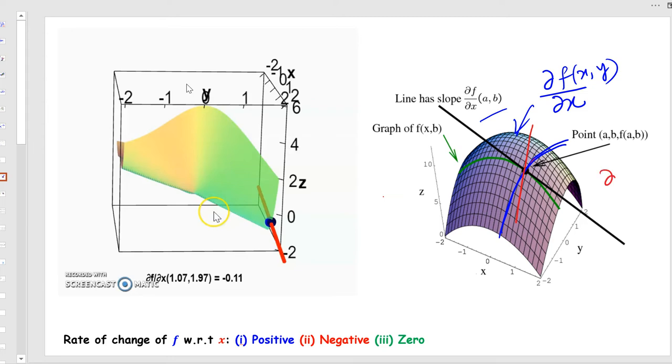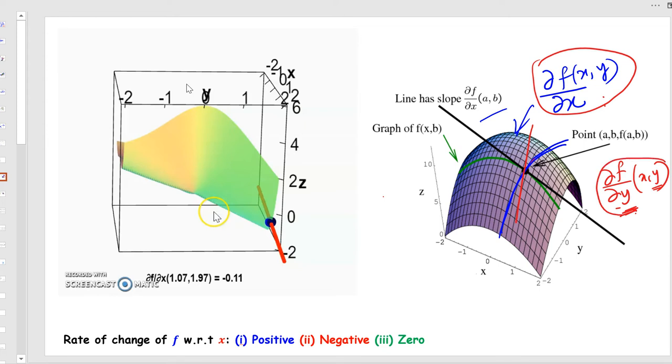Another derivative will be del f, del y, with respect to y. Because this function f depends on two variables x and y, here we will define these notations: dou f, dou x, and dou f, dou y.